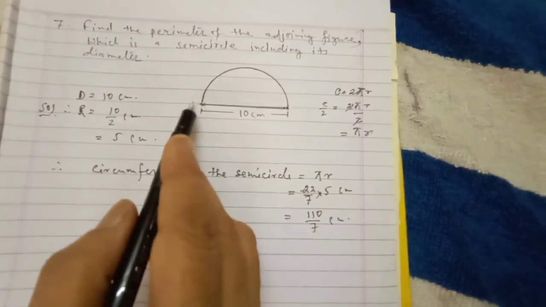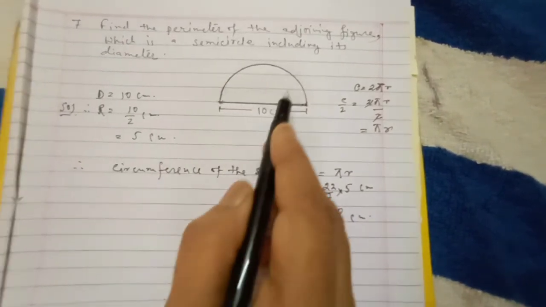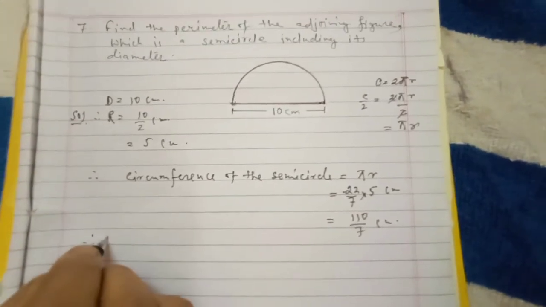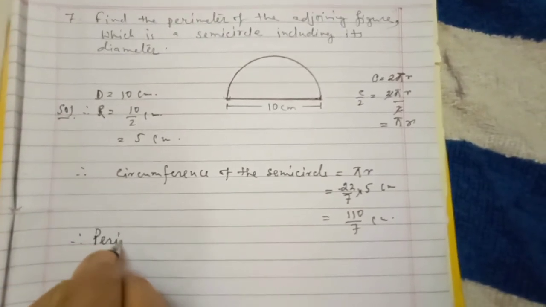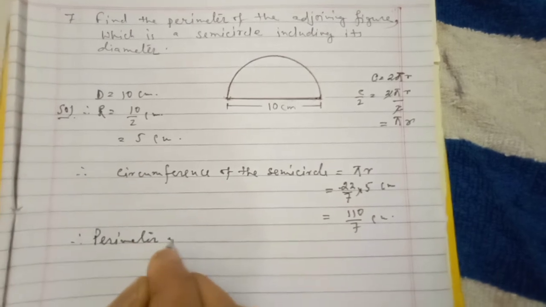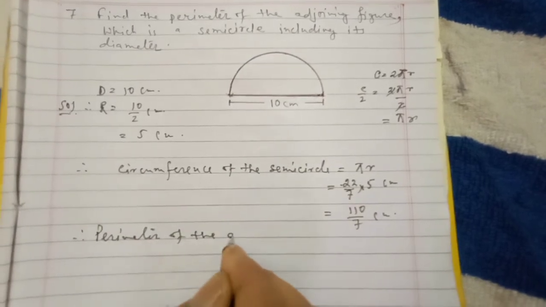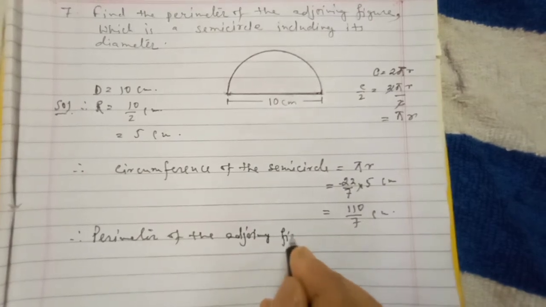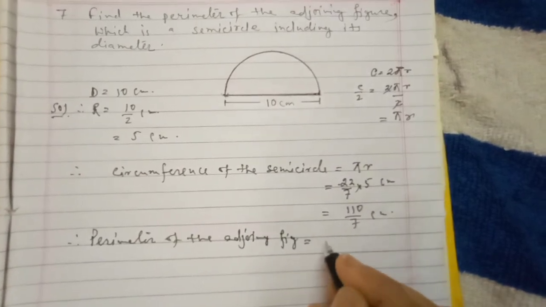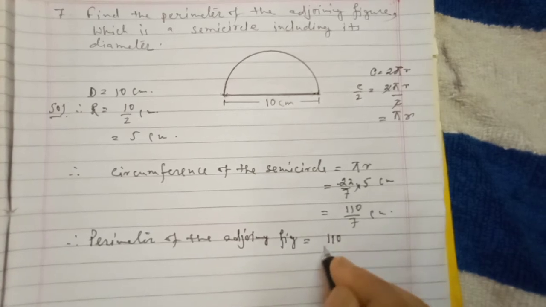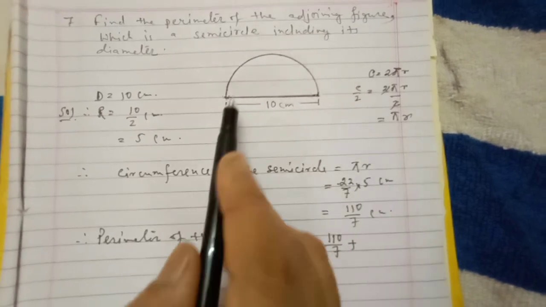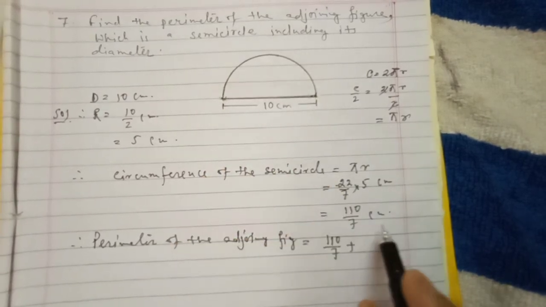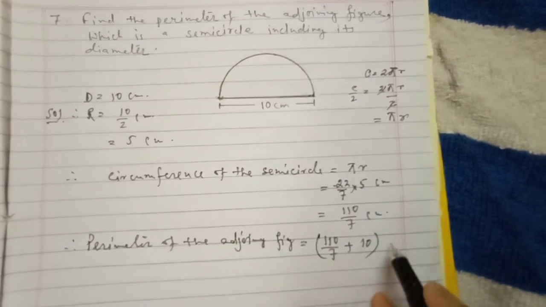Now the total perimeter of the adjoining figure is equal to the semicircle 110 by 7 plus 10 centimeter.